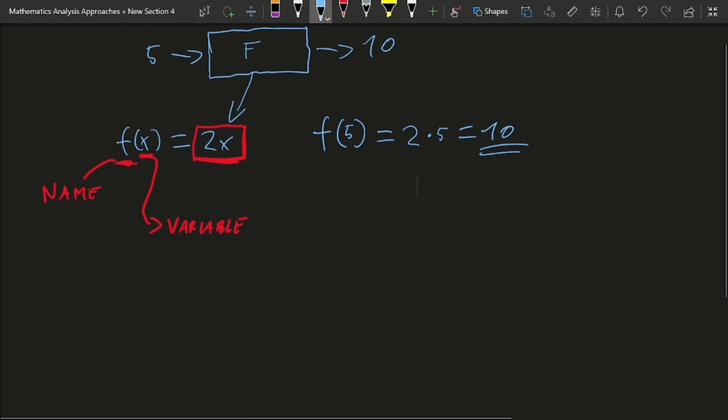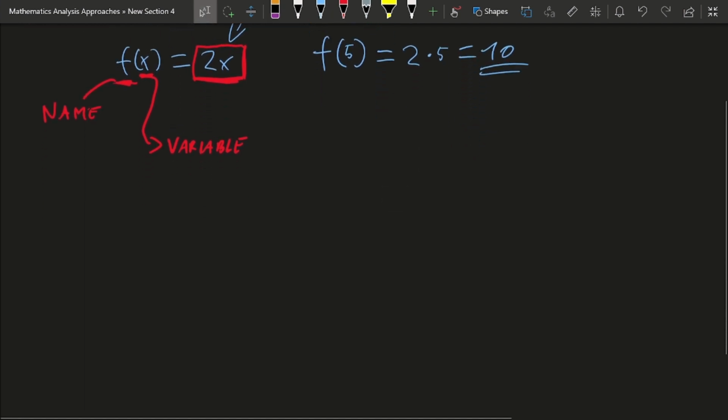Okay, how about we look at another example? As I told you, this f can be substituted with g, for instance. So let's say g of x is equal to, actually, let's say 5x plus 5.